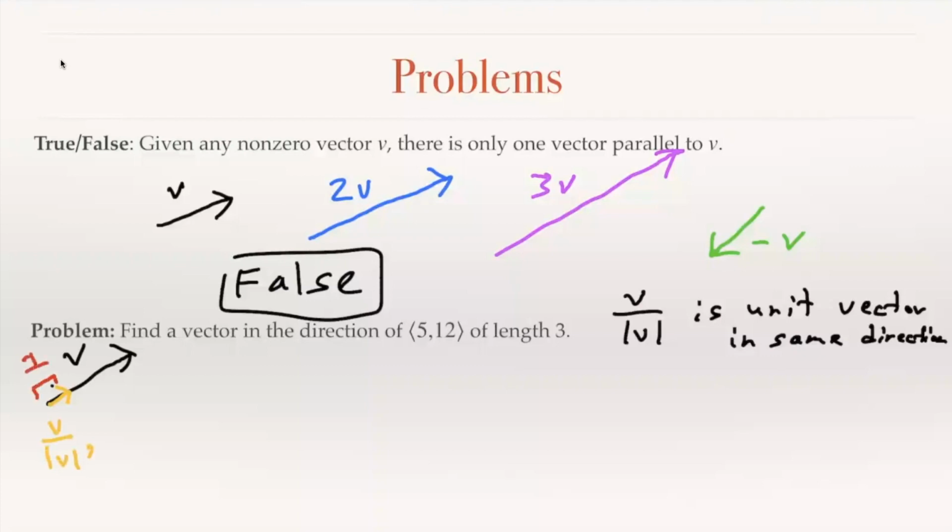And then we can take that vector of length 1 and scale it by a factor of 3. So that vector there would be 3 times v over the magnitude of v. And that is therefore of length 3. So what we want to compute, therefore, is 3 times v over the magnitude of v.